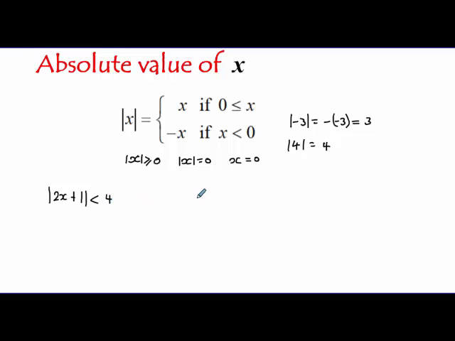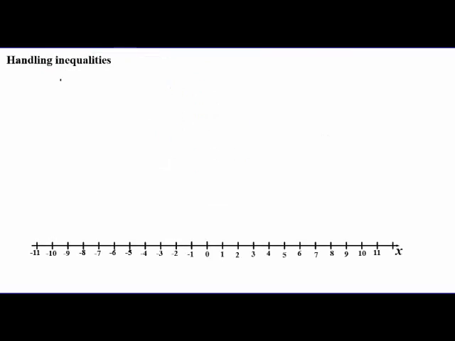Or on the other hand, you get something like 3x minus 1 greater than 4. This is what we call inequalities involving absolute value. First of all, let's start small, and say we're simply talking about the absolute value of x less than, let's say, 2.